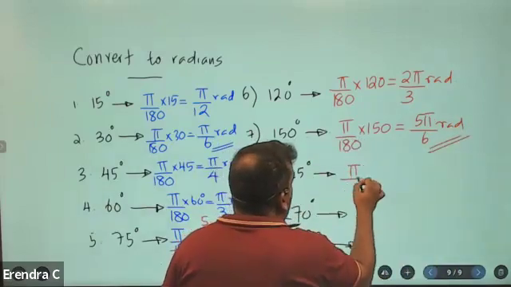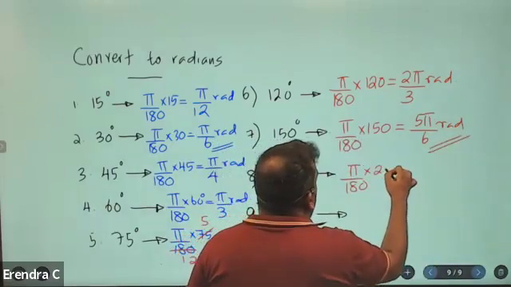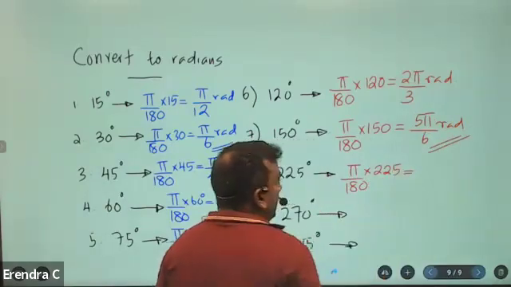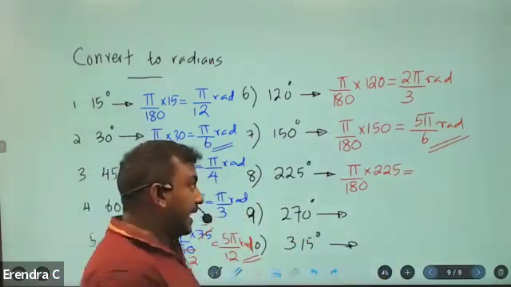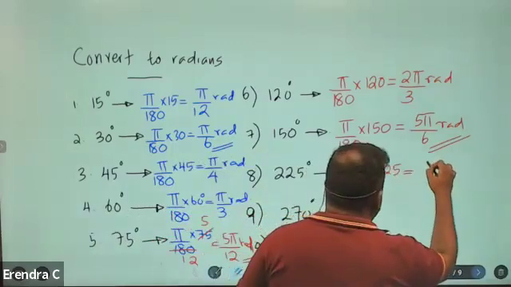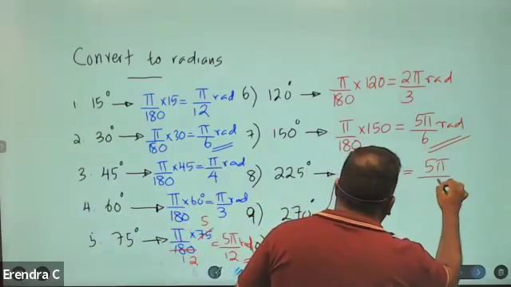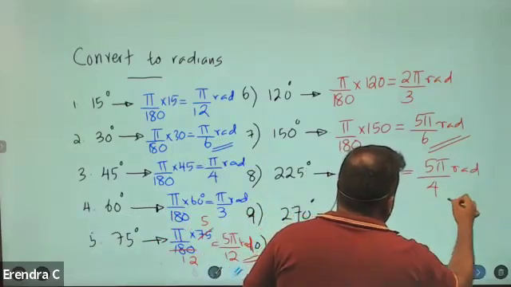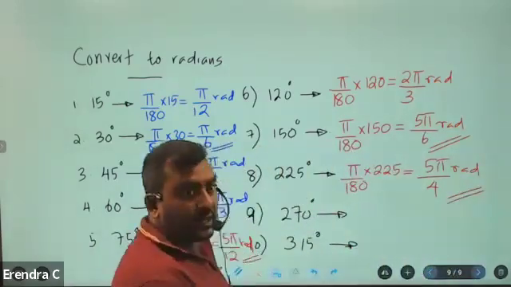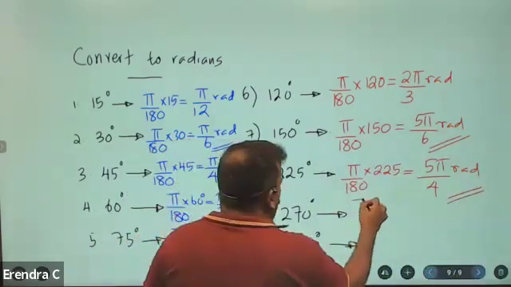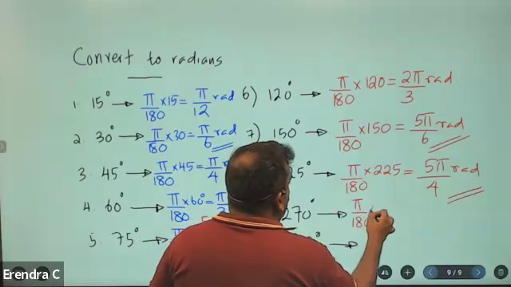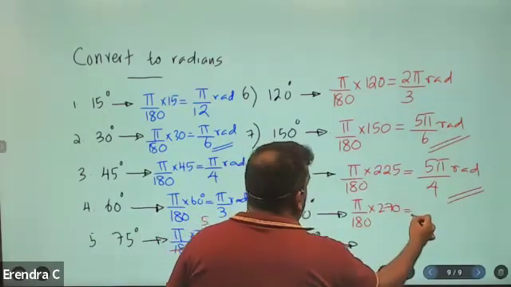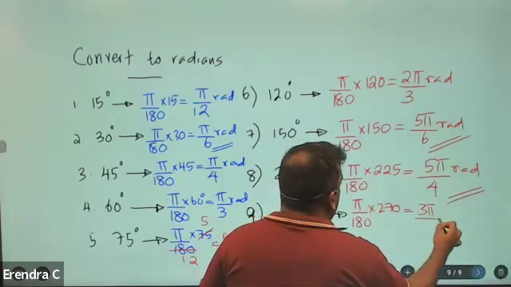Here, pi over 180 multiplied by 225. You can divide by 15 and again you have to divide by 15. So here, pi divided by 4 if you divide. And pi over 180 multiplied by 270. How much? 3 pi divided by 2.